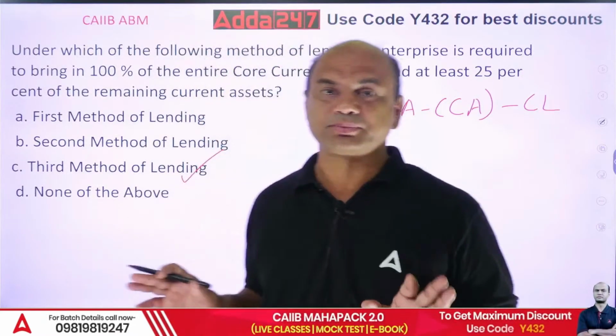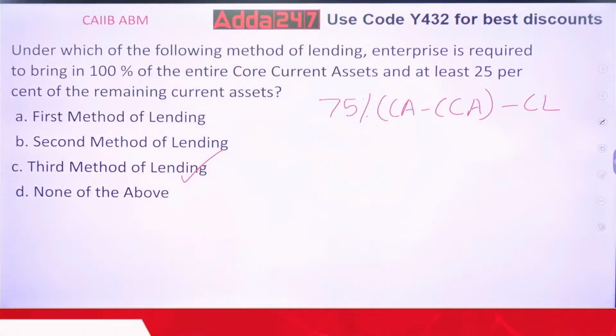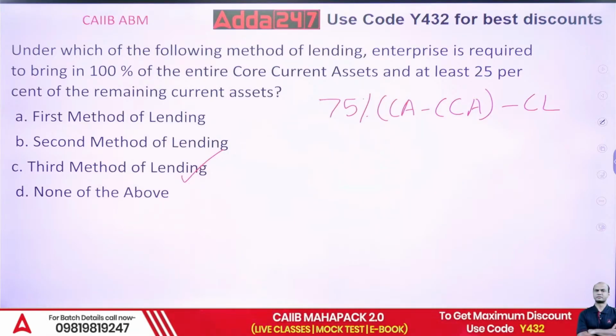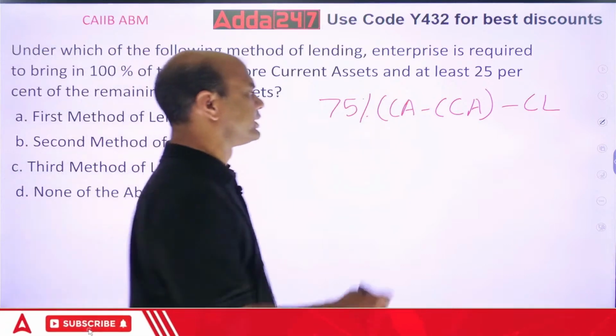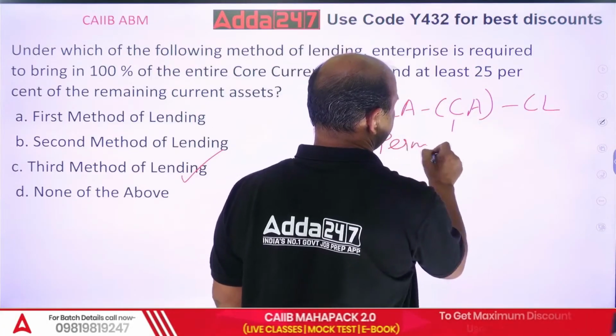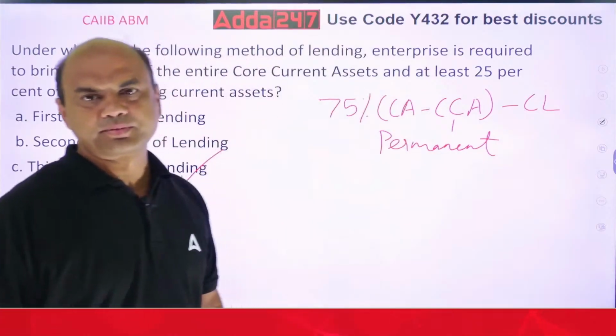Okay, it is a sort of permanent working capital which is required. It is a permanent or fixed component of the firm's working capital limit. It means a permanent or fixed component. Remember this: permanent component or fixed component.